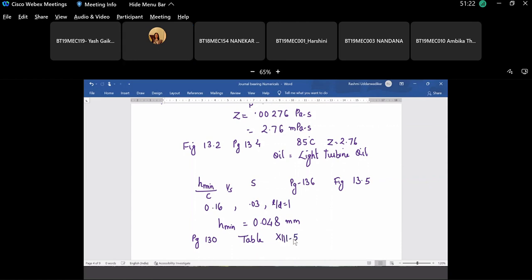What is the first point given here for a hydrodynamic lubrication? What does this table suggest? What is the minimum value of H minimum given there?